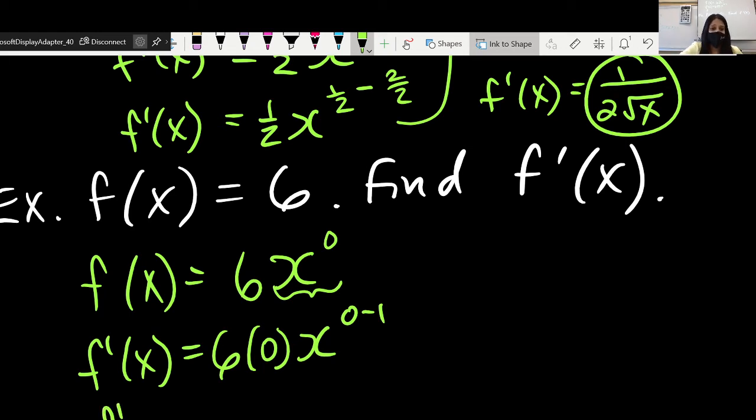We actually don't even need to do anything because you have something times 0. What's going to happen here? The answer is just that it's equal to 0 after all that. Good? So when you take the derivative of a constant, remember that's what we would call it when it's a whole number, the derivative is just a 0.